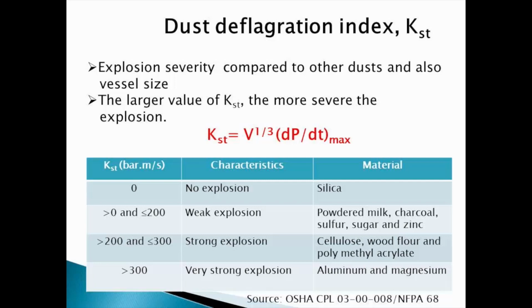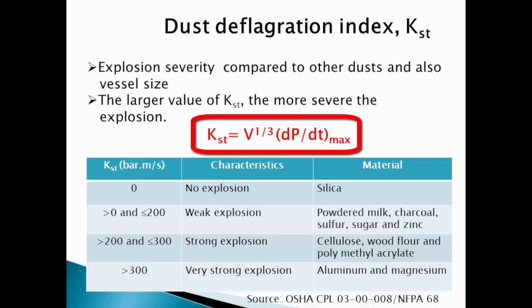In an attempt to volume normalize the maximum rate of pressure rise, a cubic relationship has been developed to define the parameter KST as the product of the maximum rate of pressure rise and the cube root of the volume in which the explosion occurs. The relationship is shown in the equation below. The higher the KST value, the more severe the explosion.